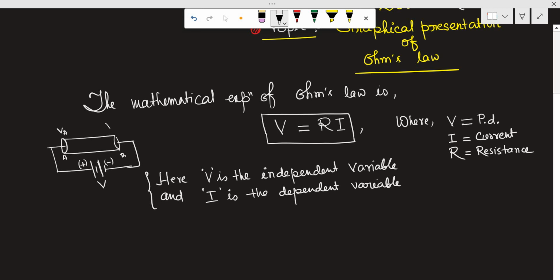Potential of A end is VA, potential of B end is VB. Current starts to flow from higher potential to lower potential, and the current is denoted by I.